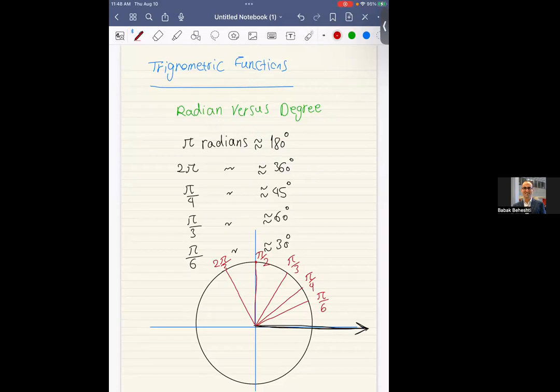Pi minus pi over 4, what is pi minus pi over 4? 3 pi over 4. And then 5 pi over 6. So 5 pi over 6 is pi minus pi over 6, and 3 pi over 4 is pi minus pi over 4.